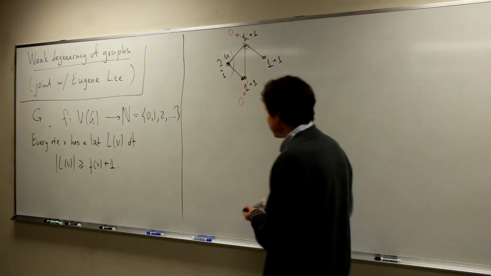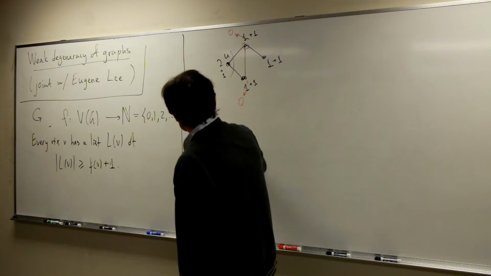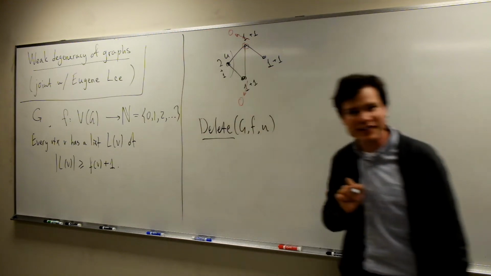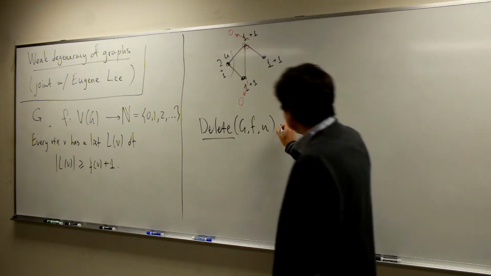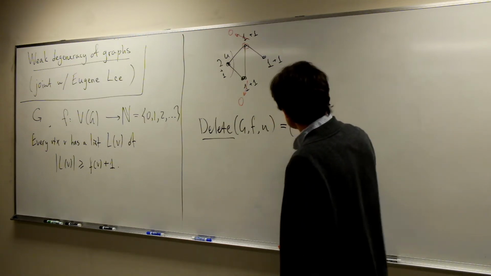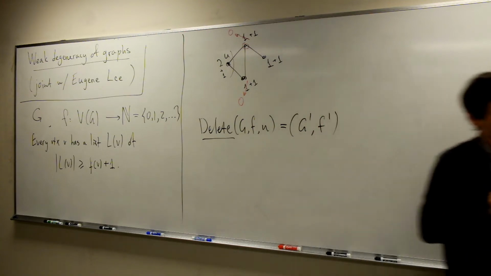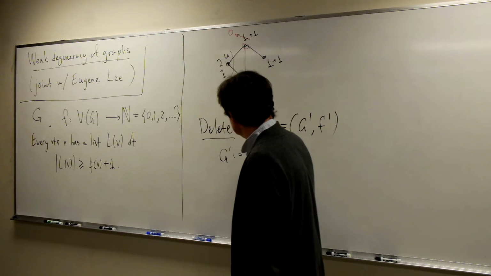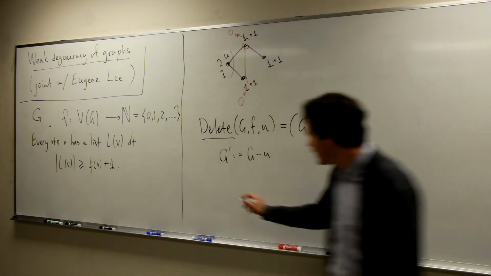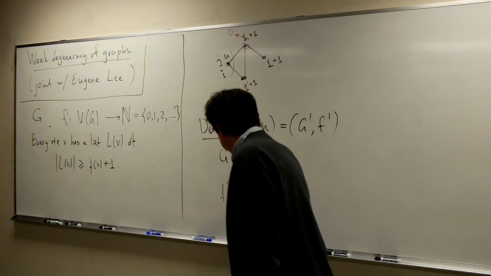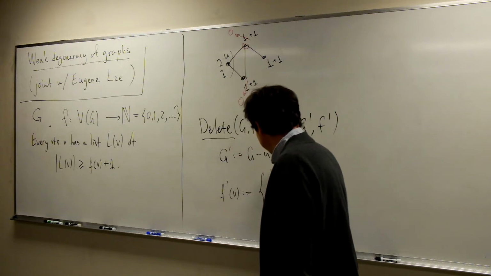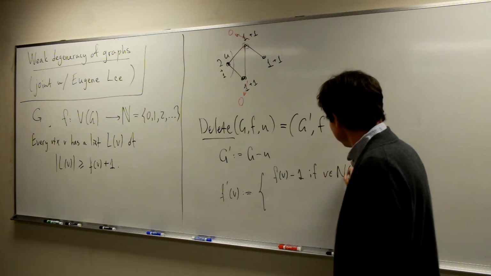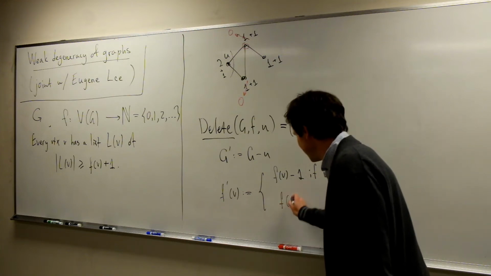So let me formalize this. Let me say that I have this operation, which I'm going to call delete. It's an operation of deleting a vertex. So U here is a vertex in the graph, and the output of this operation is a new graph, let's call it G prime, with a new function f prime, where G prime is just G without the vertex U, and f prime at a vertex V is equal to f of V minus 1 if V is a neighbor of U, and just f of V otherwise.